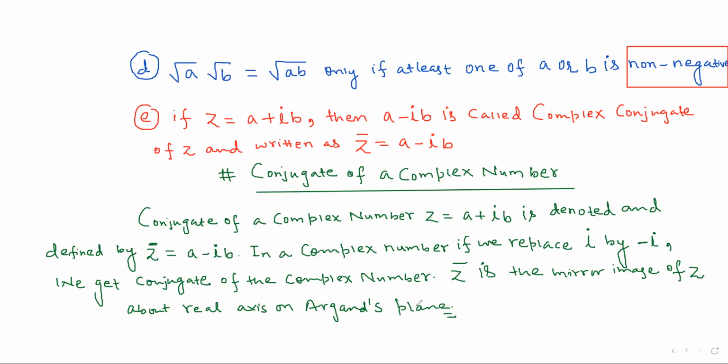So you can simply say that a plus iota b is equal to (a, b). Each complex number corresponds to one and only one point in the plane, and conversely each point in the plane corresponds to one and only one complex number. Because of this, we often refer to the complex number Z as the point Z.